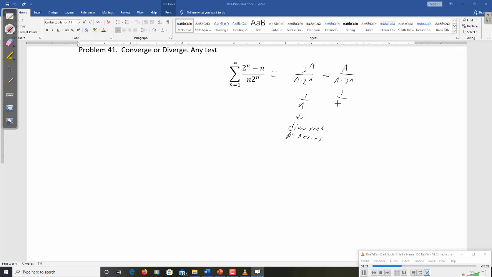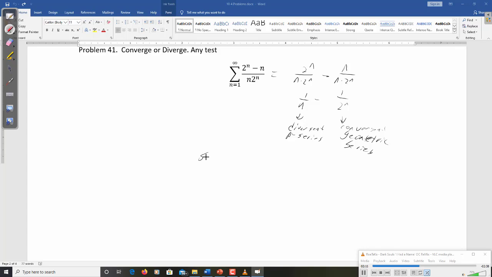Minus 1 over 2 to the n, which is a convergent geometric series. Because of our theorem that said if you add or subtract a convergent and divergent series, the sum or difference must diverge.